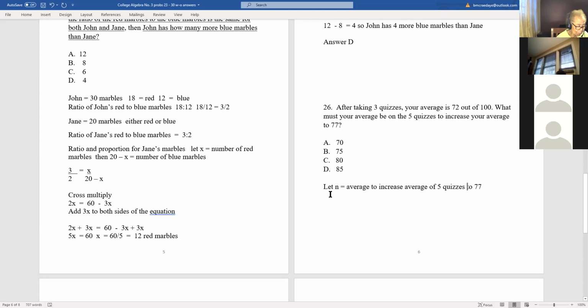So n is what we're looking for. We want to find what must be the average on 5 quizzes to increase our overall average to 77. So if you have 3 quizzes and your average is 72 out of 100, what's that total?